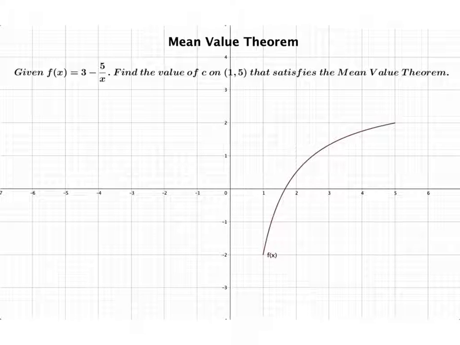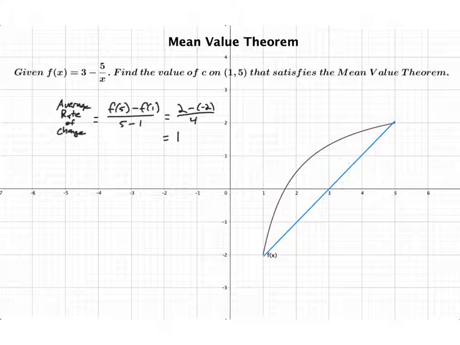So we want to find the place on the curve where the derivative is equal to the average rate of change, which is the slope of the line. So let's draw our line in first. So here's our line. Now we want to find the slope of this line. So we're going to find the slope of the line, then we're going to find the derivative of the function, and we're going to find where the derivative of the function equals that slope.